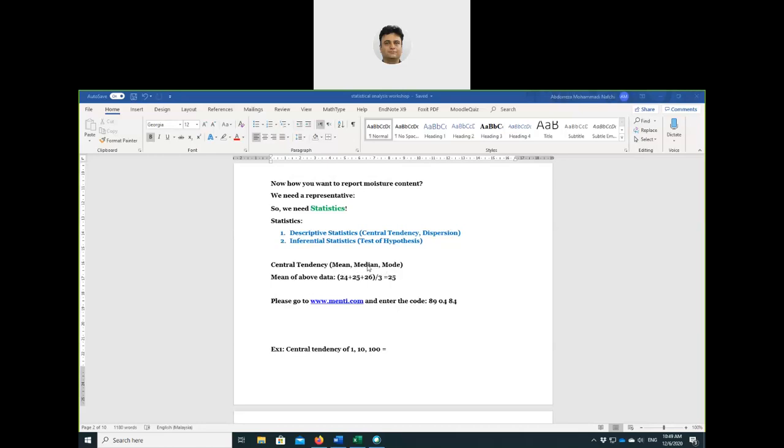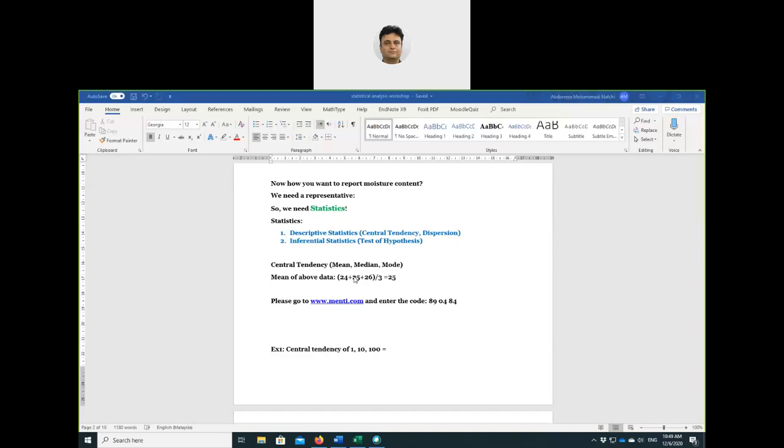Median, when you have outlier data, is commonly used in social science; when they have outlier data, they mostly report the median of the data. For this one, the median and mean will be the same. The median is the middle of your data. You arrange from lowest to highest, 24, 25, 26, and the middle one will be the median.